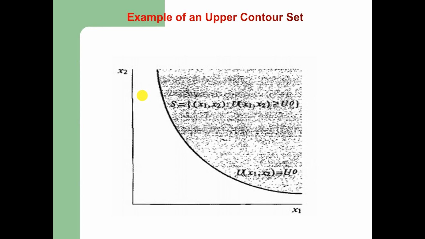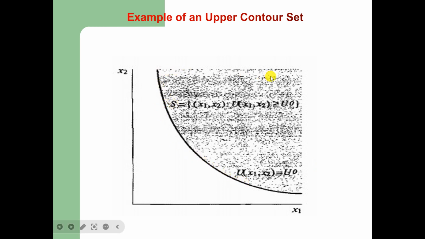As I mentioned earlier, this is the graph. This is good one, this is good two, and this is the level curve or an indifference curve. So all points on this curve are shown by u naught. These are the function of x1 and x2, and this line shows various combinations of x1 and x2 which give a given level of satisfaction to the consumer.